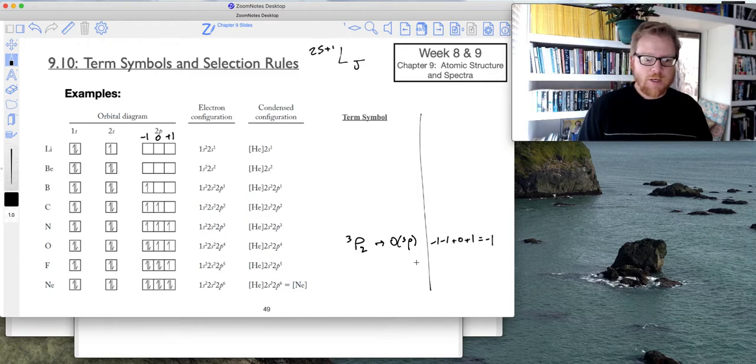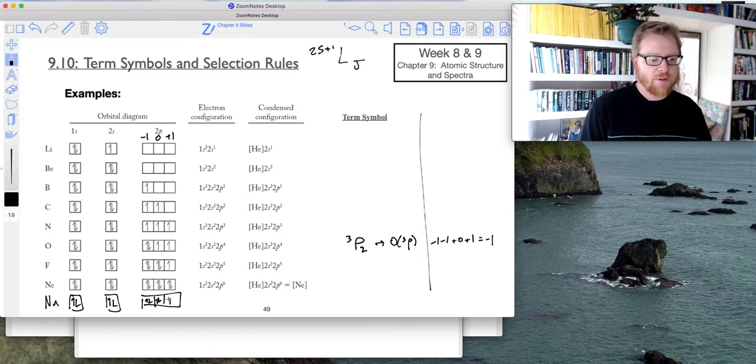Okay, so let's do another one here. Do I have sodium on this list? No, I don't, but let's put it on this list anyways. Na, and so we know that it looks like this. I want to put sodium on this list because I started this discussion talking about sodium. We know sodium is all filled up through the 2s and 2p, and then finally sodium has a 3s1.